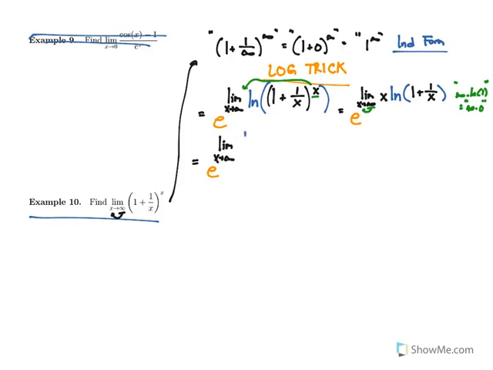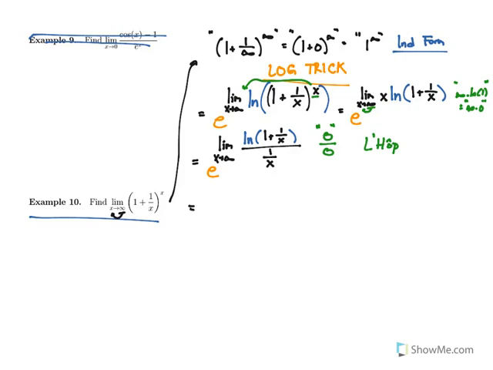We can rewrite this as natural log of 1 plus 1 over x, all over 1 over x. And now when you plug in infinity, you get 0 over 0. And now we can use L'Hopital's rule.